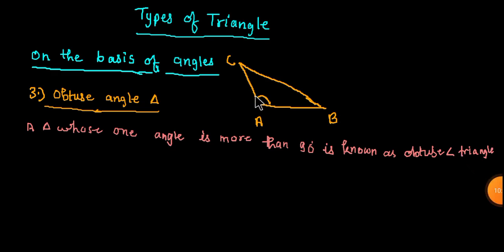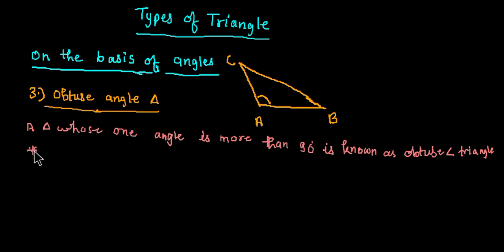Here the two other angles, angle C and angle B, are also less than 90 degrees. The other two angles of the triangle will always be less than 90 degrees, that is, acute angles.